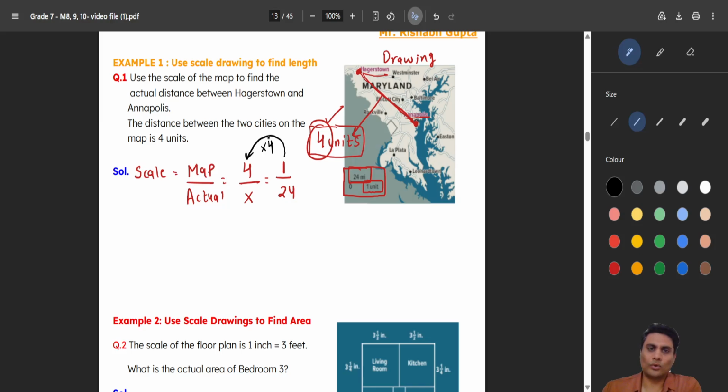So whatever you did here, do with the 24 also and you will get the actual distance. 24 multiplied by 4, how much? 4 times 4 is 16. 6 here, 1 up. 4 times 2 is 8, and 1 is 9. So 96. So you can simply say the actual distance x is equal to 96 miles.